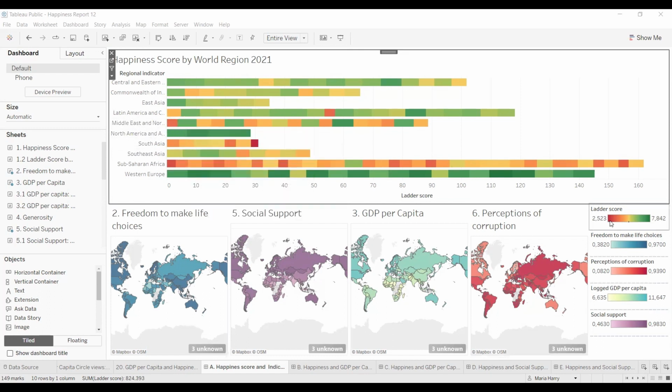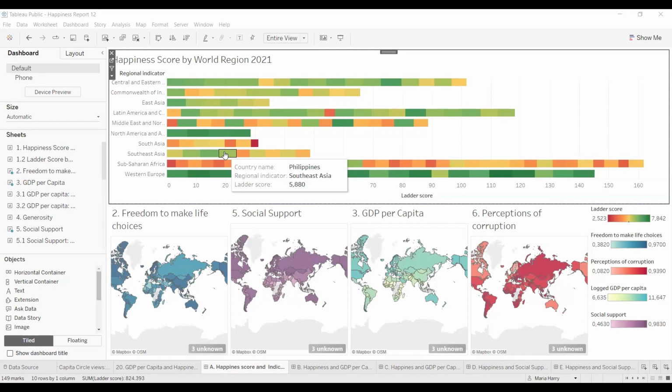These different colors are the score of each of the countries, with the red and orange being the lower scores and the greens the highest. So if we start looking at the details, we will be able to identify the country, the region it belongs to, and the latter score, which is the happiness score.